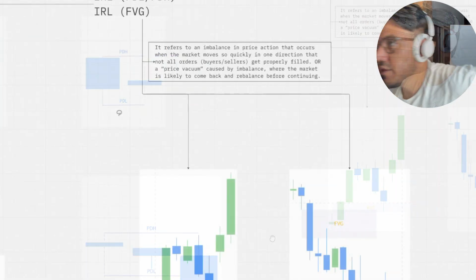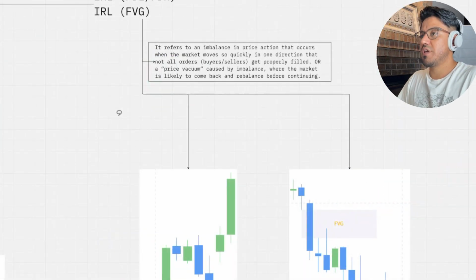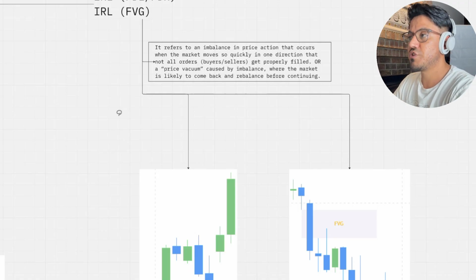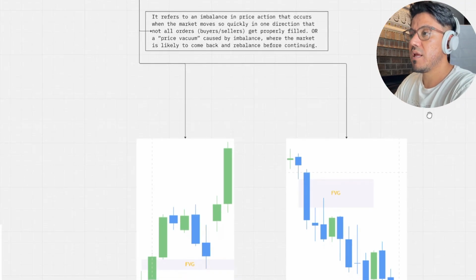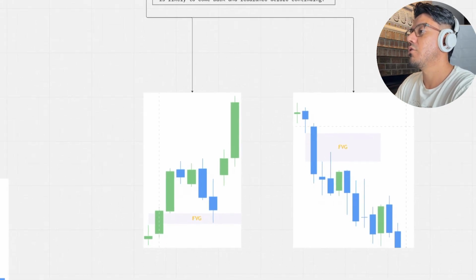It depends. The second liquidity is internal range liquidity, also known as FVG. It refers to an imbalance in price action, or a price vacuum caused by imbalance, where the market is likely to come back and rebalance before continuing higher or lower.